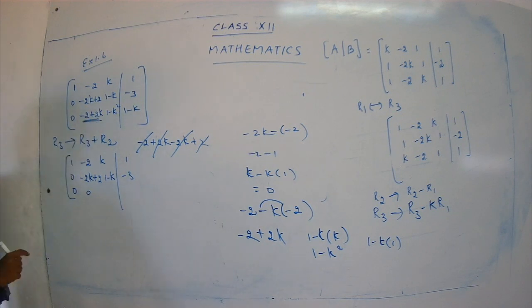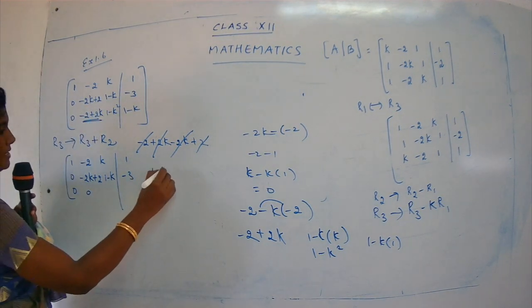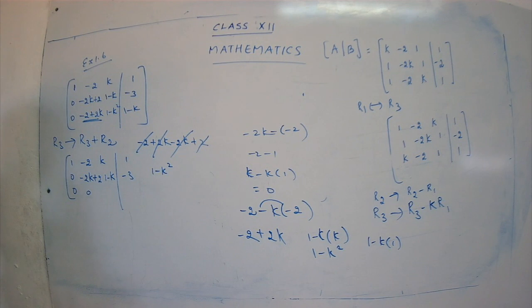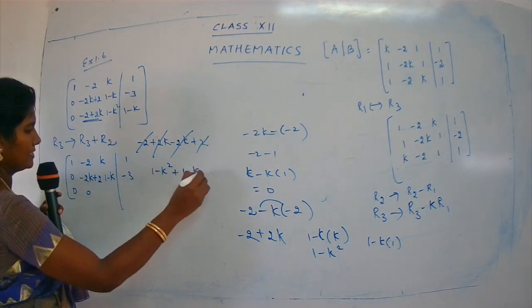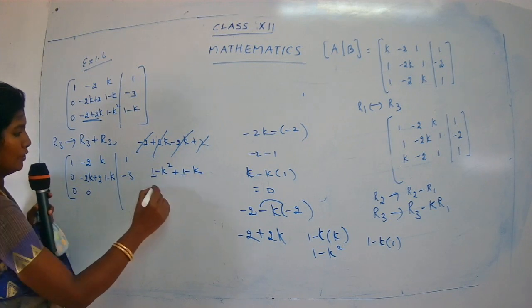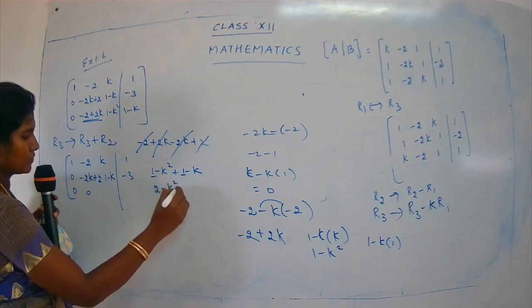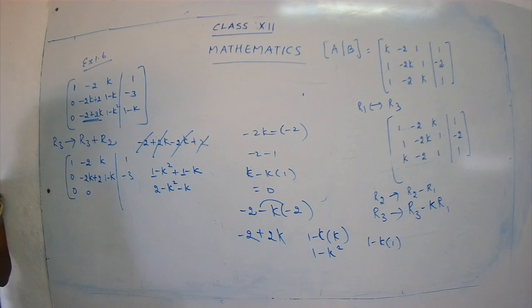Now let's add this part. 1 minus k square plus 1 minus k. So 1 plus 1, 2 minus k square minus k. So what do you have got there? 2 minus k square minus k.